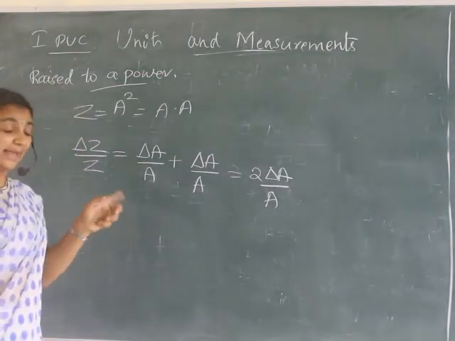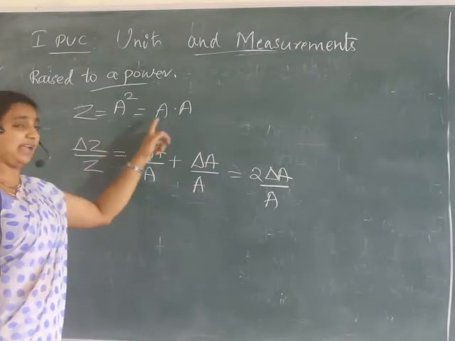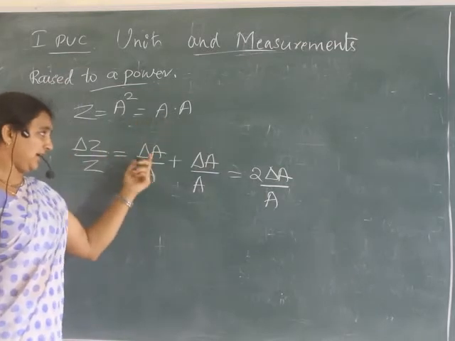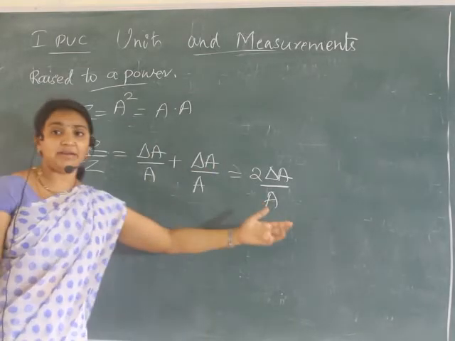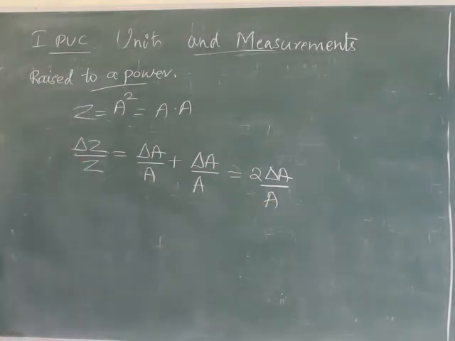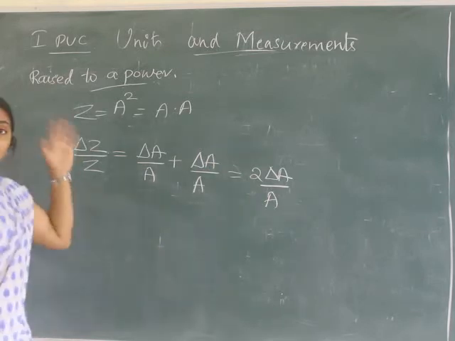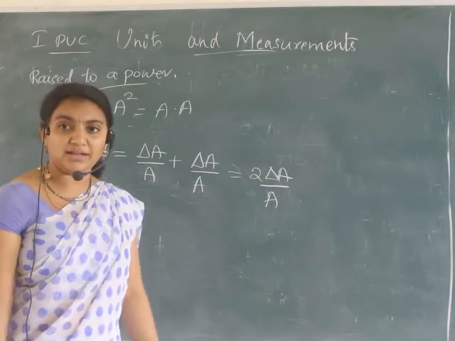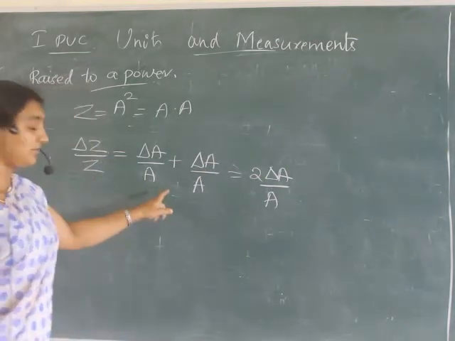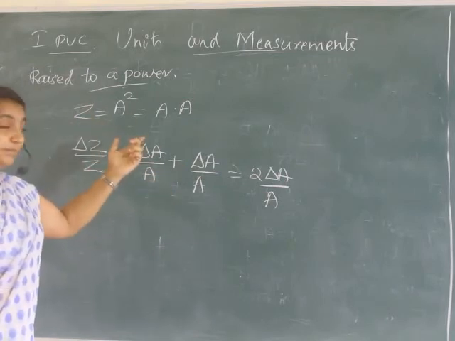That time it was AB. Now instead of AB, I am writing AA. So in the place of A, delta A by A. In the place of B, delta A by A. So if you add, you will get 2 delta A by A. Understood? I have not done so big a step as in the previous one. If you have some doubt here, do it in the same method.